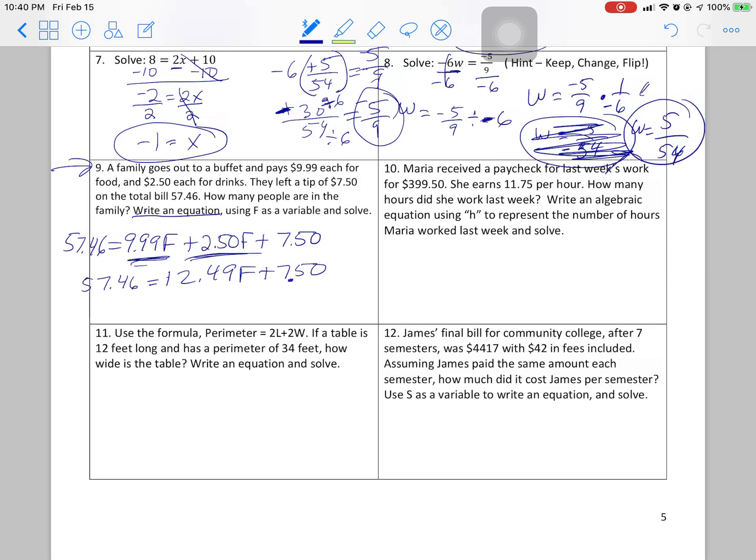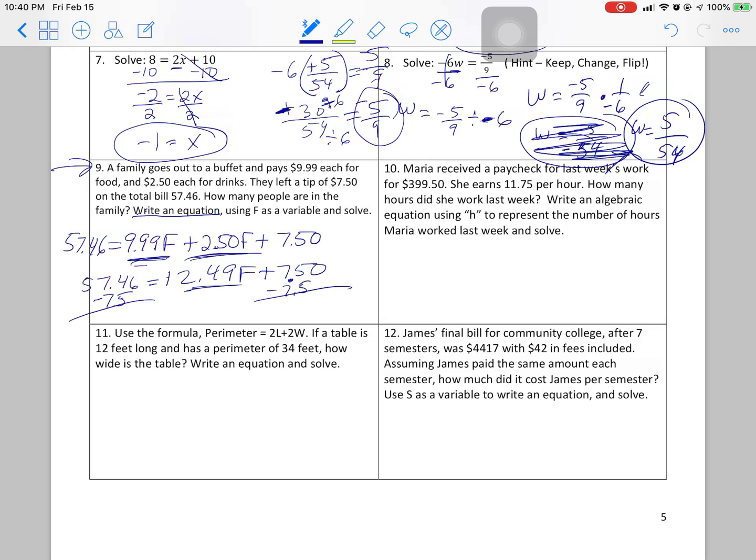Okay, I can't add the 7.50 in there because it's not like terms. So the first step I did was combine like terms. All right, now I'm ready to move this 7.50 to the other side because I want to keep this variable term where it is. So negative 7.5, whatever I do to one side, I do to the other side.